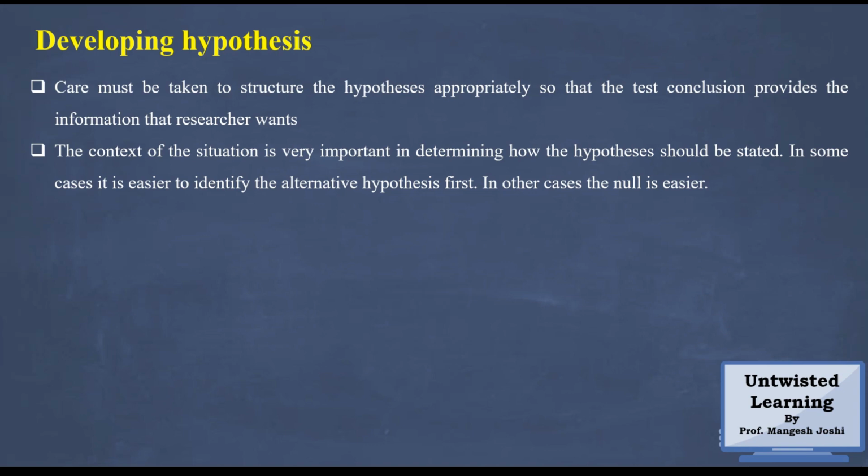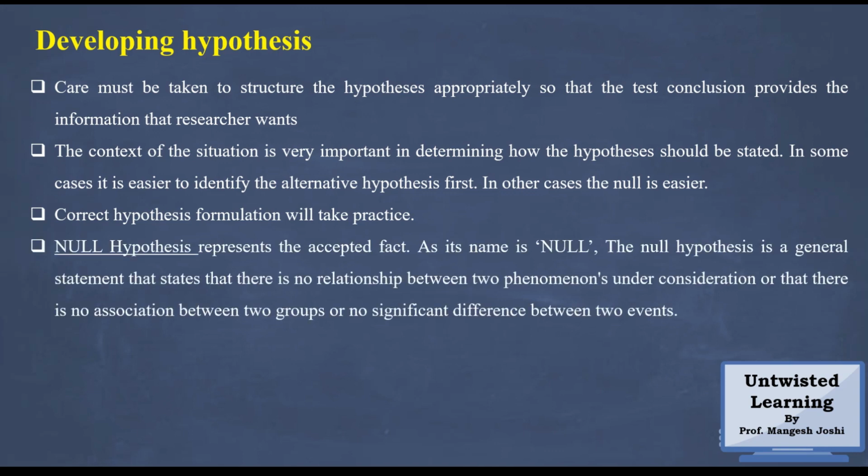In some cases, it is easier to identify the alternate hypothesis first. In other cases, it is easier to identify the null hypothesis. So correct hypothesis formulation will take practice. The null hypothesis represents the accepted facts.